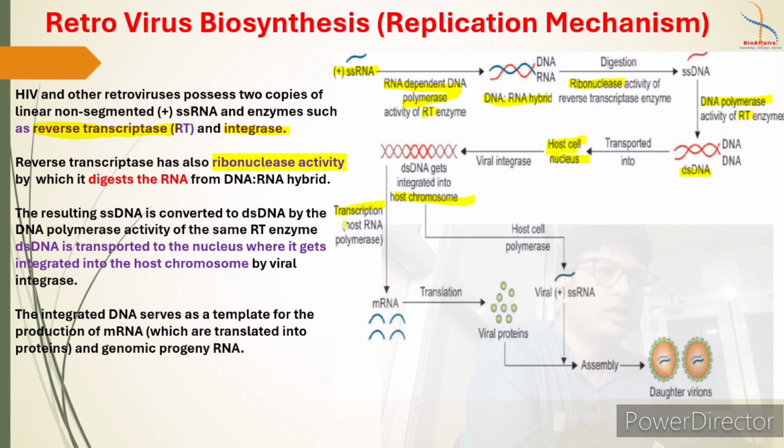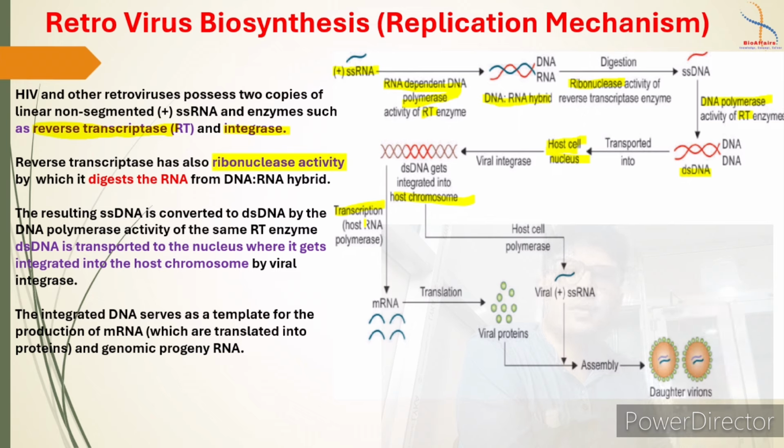Transcription will take place. Host RNA polymerase will now function, and it will not differentiate whether this is viral DNA or human DNA. Host RNA polymerase will recognize it as human DNA, and it will prepare more RNA copies from the DNA. Within that, human genes will be present, as well as the viral DNA. From there, viral genes will be transcribed to RNA also.